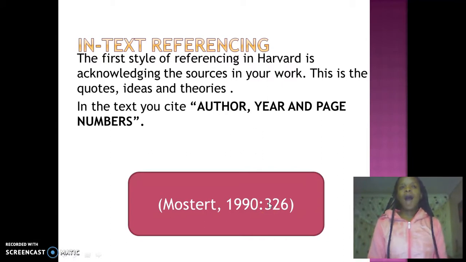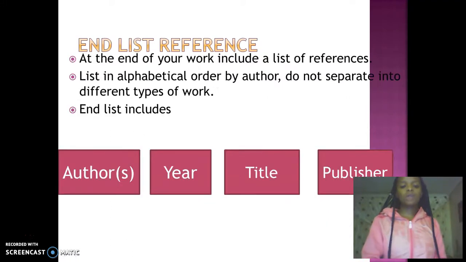In terms of 'according to Mozart', you are going to put the 1990 and 326 in brackets, because now you're saying according to, you are giving his direct theory, his direct quote.